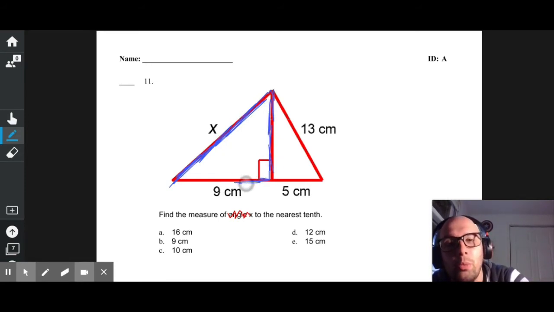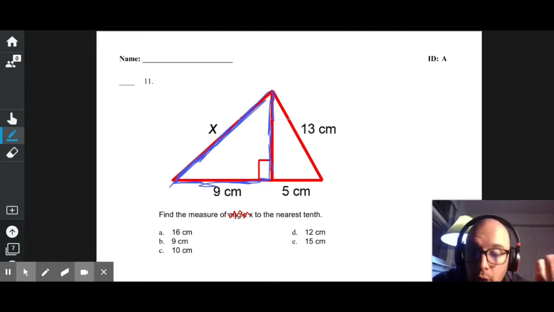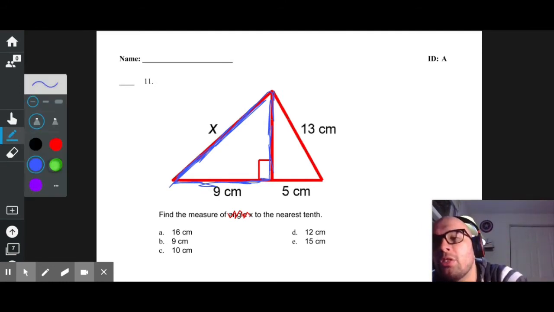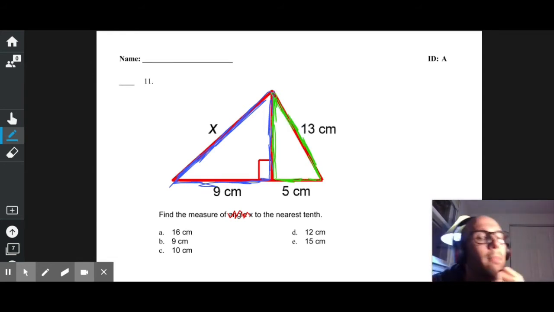My problem with this blue triangle is I know that you're 9 but I don't know what that guy is right in the middle there. However, if I look at this green triangle, I have two sides of a right triangle, which means if I find that missing side, I could use that missing side in the blue triangle to find x.